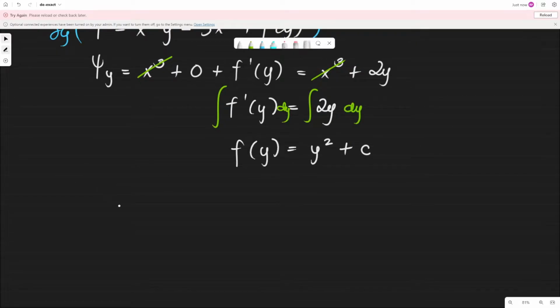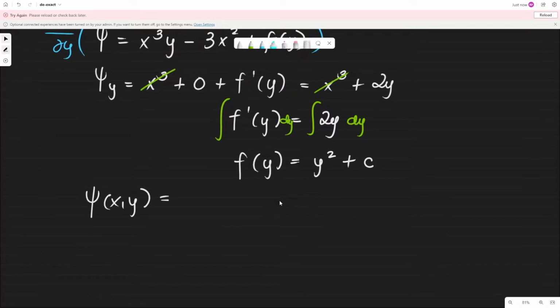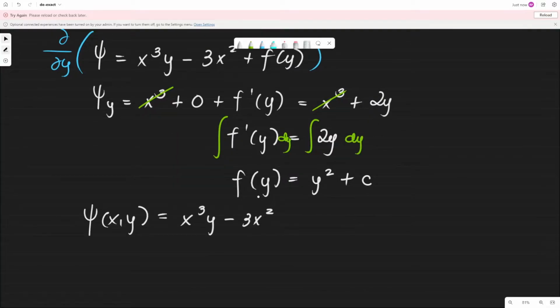We have psi of xy is equal to x cubed y minus 3x squared. Is there y there? None. So we have plus y squared plus c.